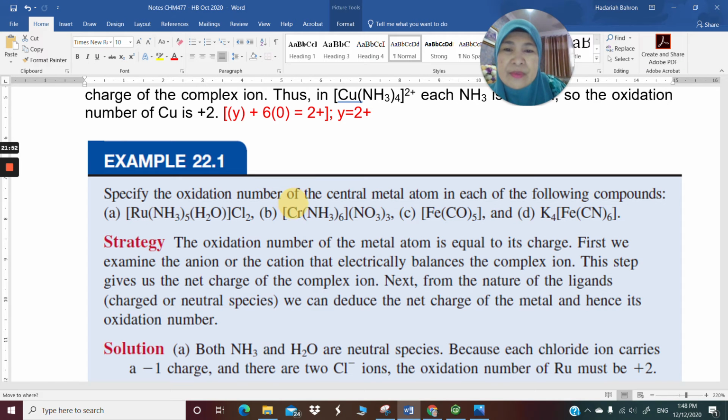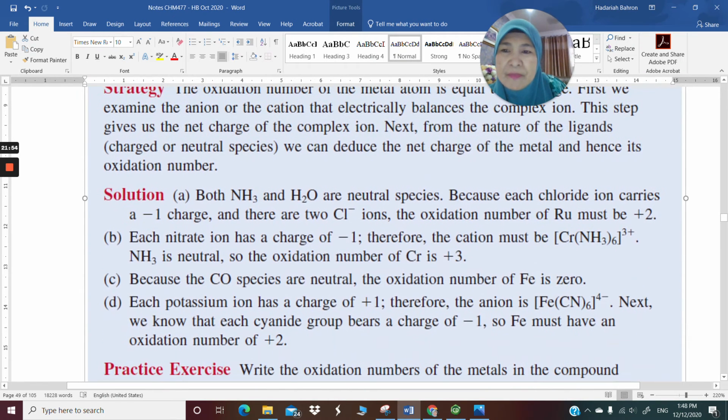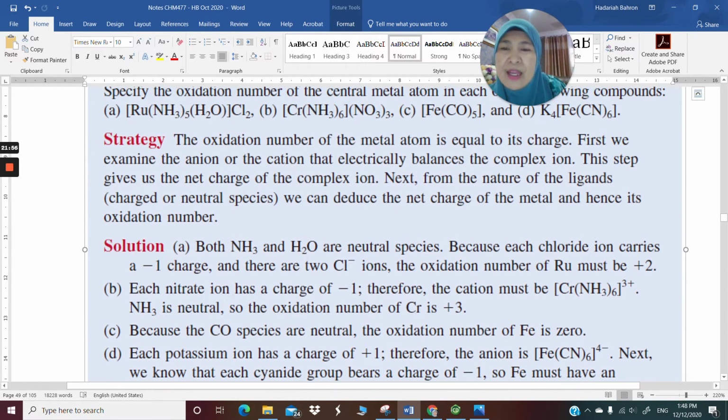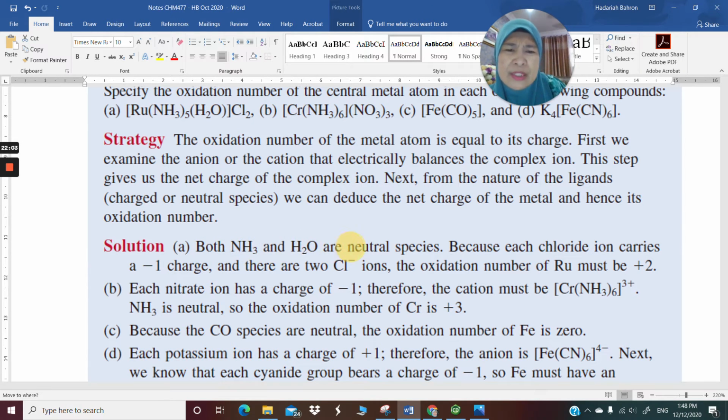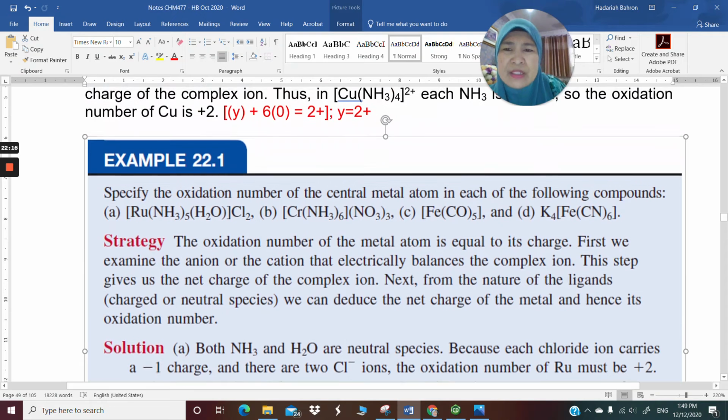So the solution, how do you strategize? Just like I explained, it's really very simple. Both ammonia and water are neutral species. Because each chloride ion carries a -1 charge, there are 2 chloride ions, so the oxidation number of ruthenium must be +2.